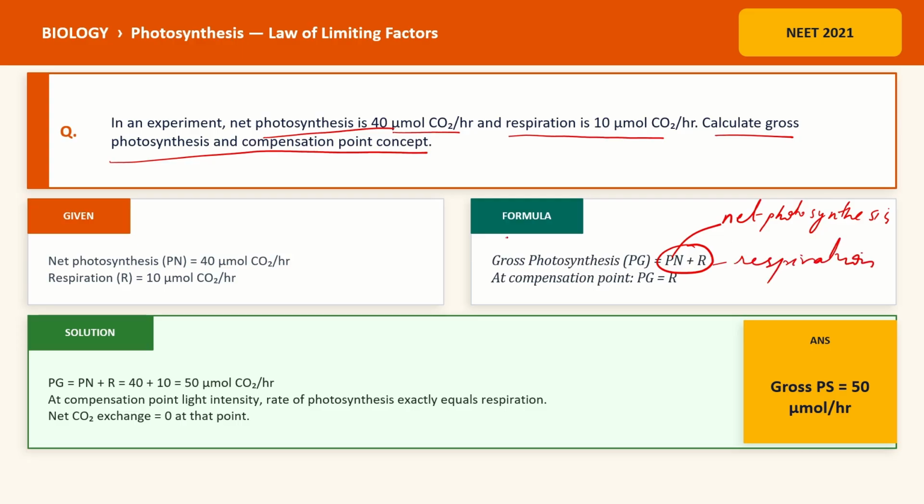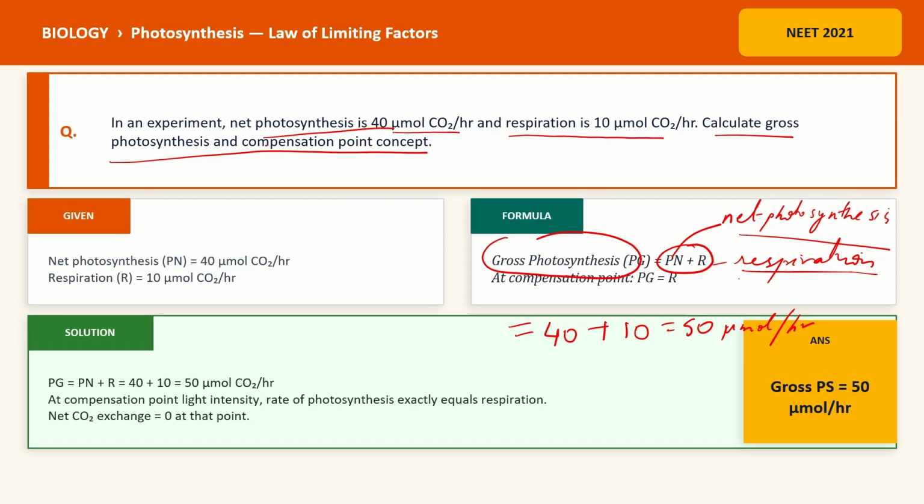So now we just need to add: net photosynthesis is 40 and respiration is 10. So the correct answer is 50 millimole per hour.